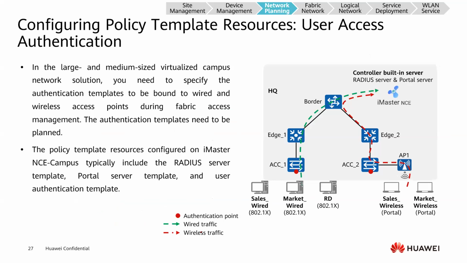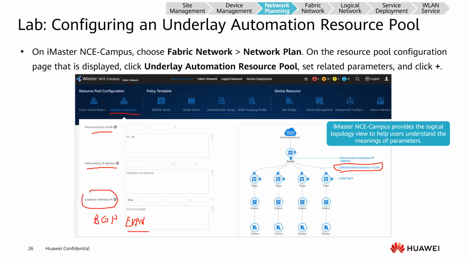And then you can see in this page, for the network planning, you also need to think about the policy template for the authentication. If you use 802.1x authentication or MAC address authentication, it will be based on the RADIUS server, so you need to create the RADIUS server template.